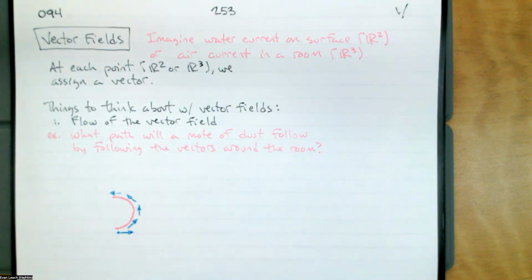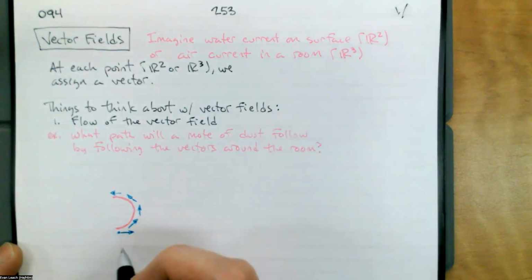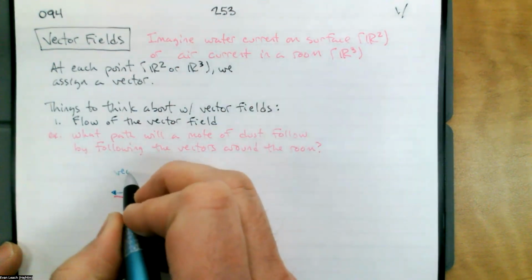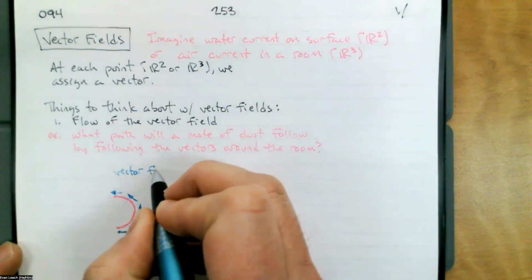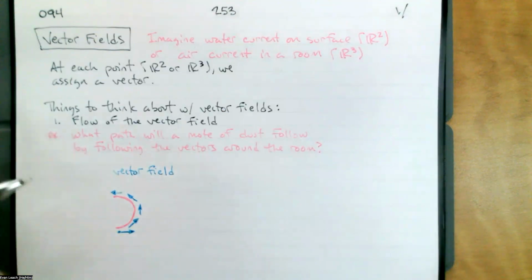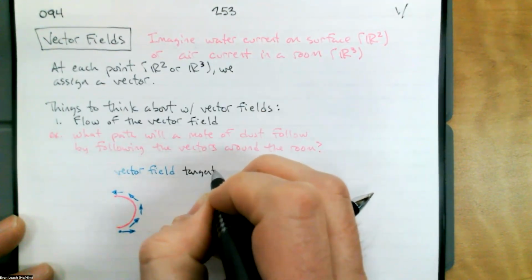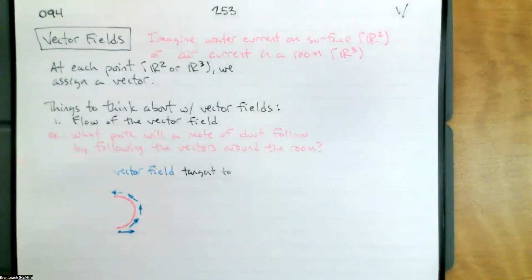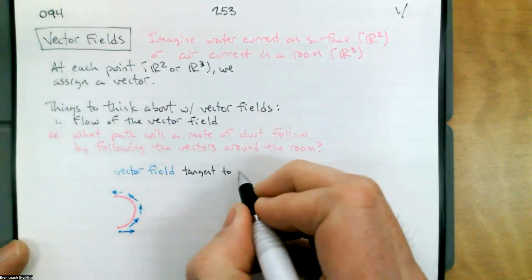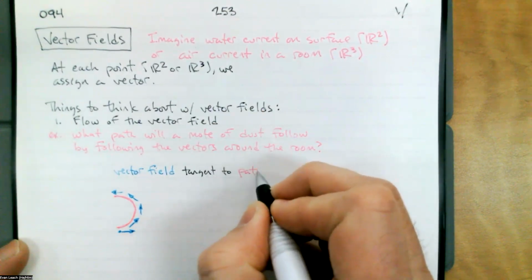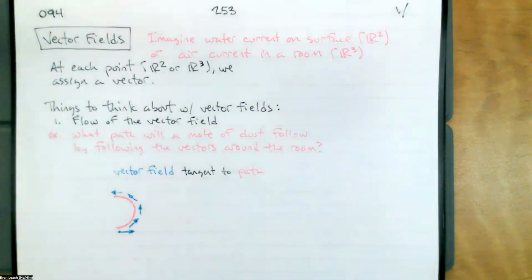So the path, the vector field will be tangent to the path. That's very good. Imagining the vector field tangent to the path.